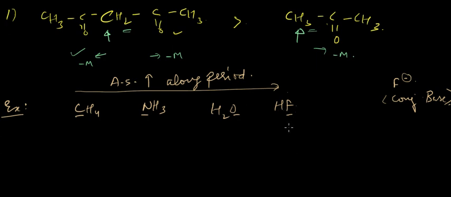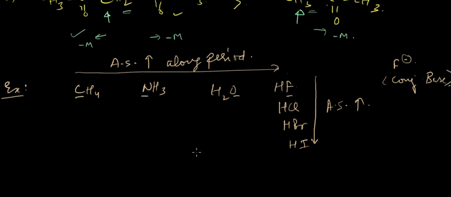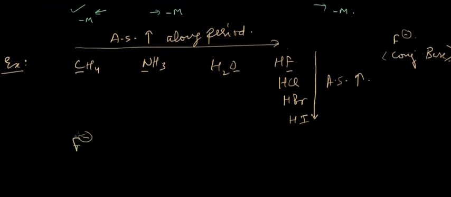And if you go down the group, like this, the acidic strength also increases. Why? Because as we have discussed earlier, F minus is less stable than Cl minus, which is less stable than Br minus, which is less stable than I minus.